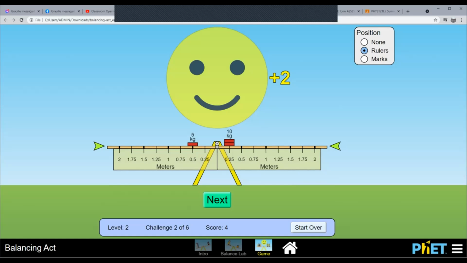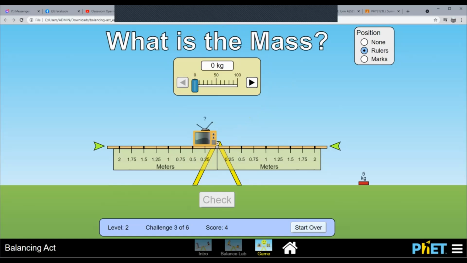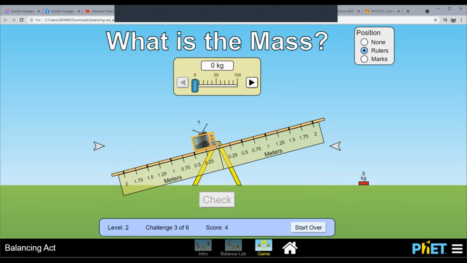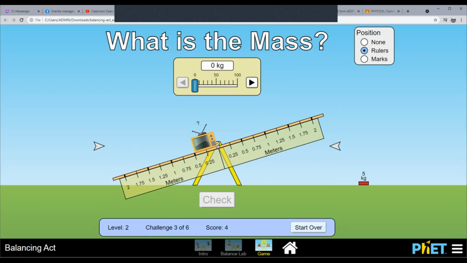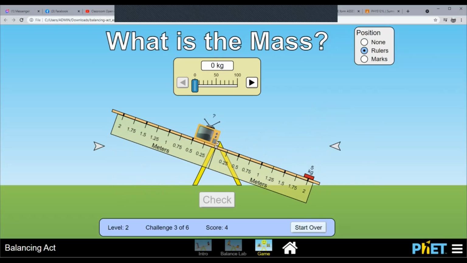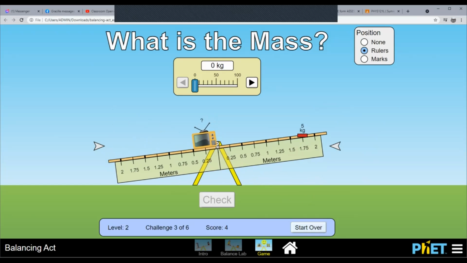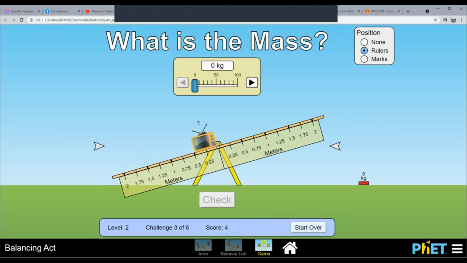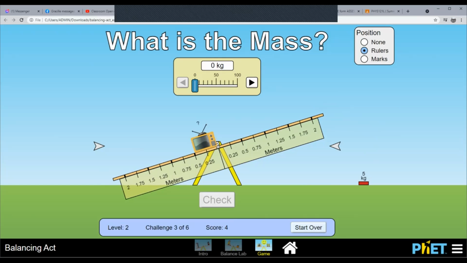Kalahati, 10 kilogram, mas mag-increase ito. So, ibig sabihin, kailangan mas palapitin natin para mabalance yung condition ng fulcrum. Try natin. 5 kilogram, nag-topple down yung ano. Sa 0.75, let us try placing it.